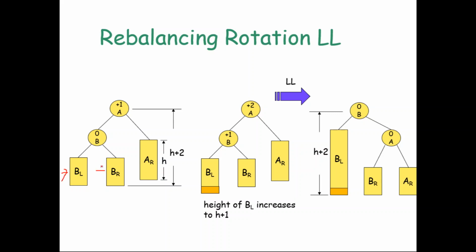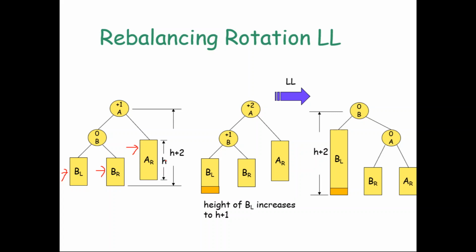This is the right subtree of B, and this is the right subtree of A. Let us assume the height of the right subtree of A is h, and the height of the entire tree is h plus 2.